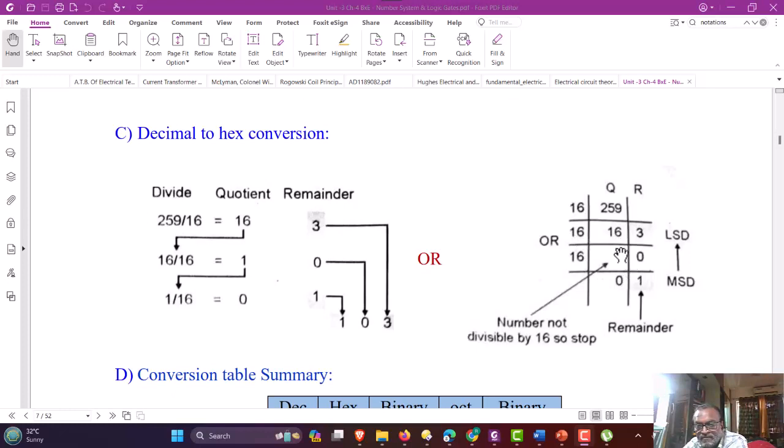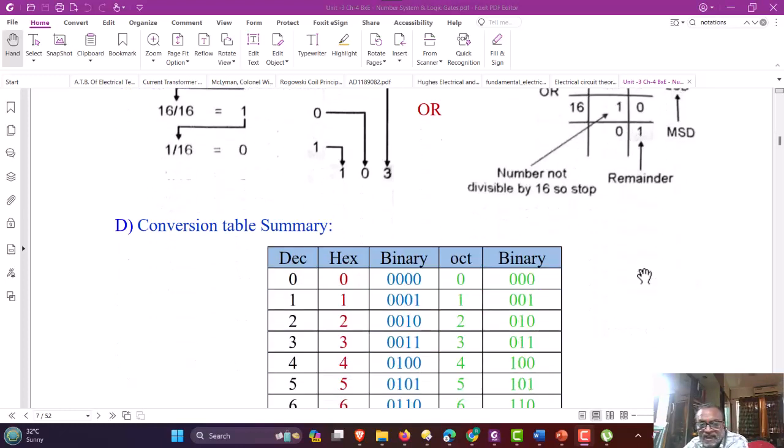The quotient is 1 and remainder is 0. Again 1 is divided by 16. Quotient is 0 and remainder is 1. Now write the remainders from bottom to top as MSD to LSD. So 103 is the hexadecimal number corresponding to the decimal number 259.